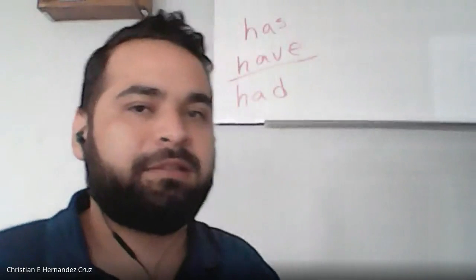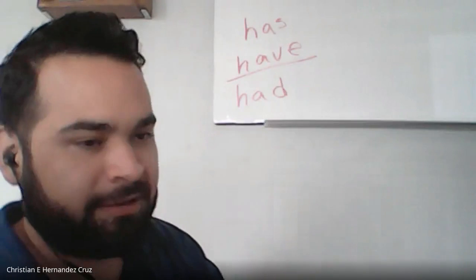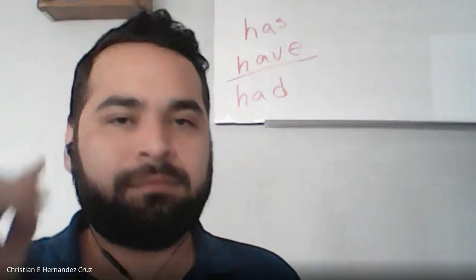In the past tense of the verb, yeah. But remember, this is why I separated had, because had is in the past perfect, and has and have is in the present. Exactly right.